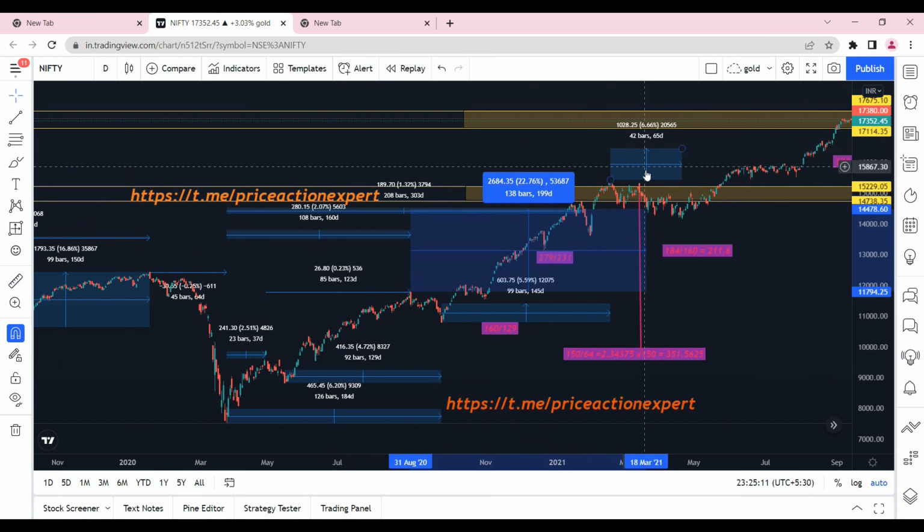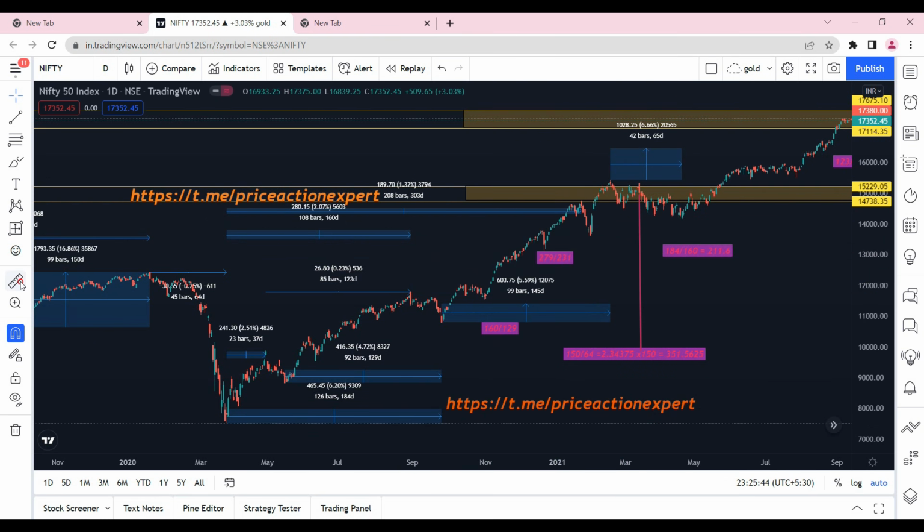After 1 or 2 days, with a difference of 2 or 3 days, we see another cycle ending here. So we can expect a range or retracement, and be careful here, as we know much in advance that time is up and something is about to happen. Not only that, when you take from this low, this is where we have taken this low to this high, this low to this low.